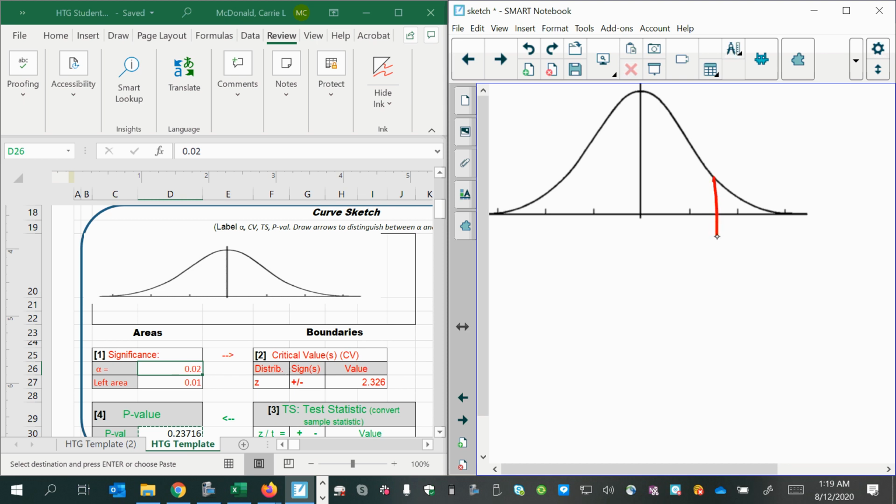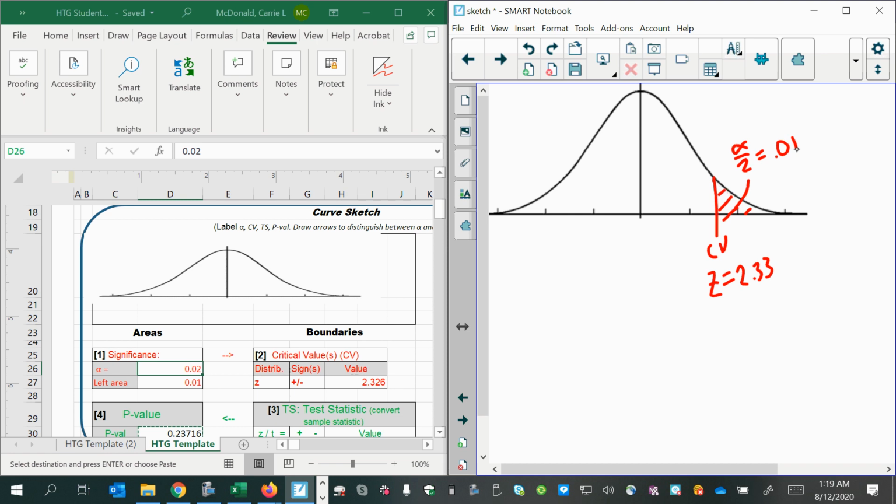So we have a positive critical value, z equals 2.33-ish, with an area of alpha half to the right, and that is 0.01.